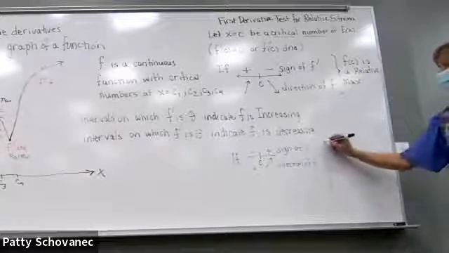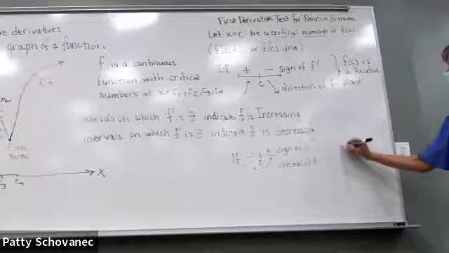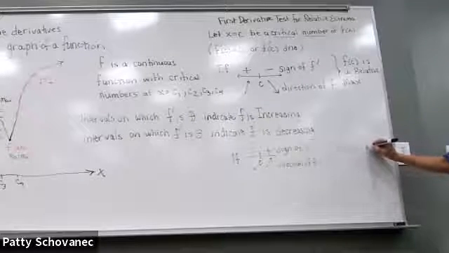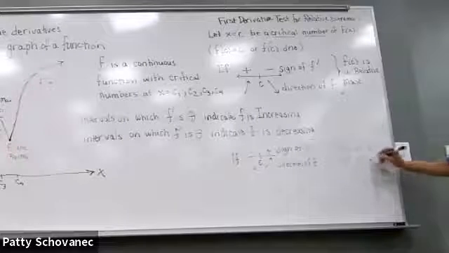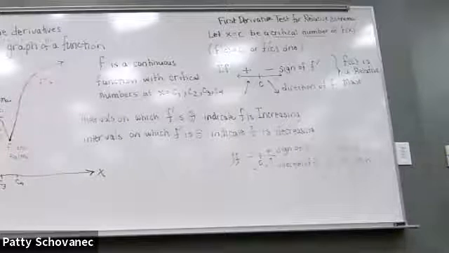And so if you have that, then f of c is a relative min. So the y value is the max or the min, and the critical number is just the location of the max or min.